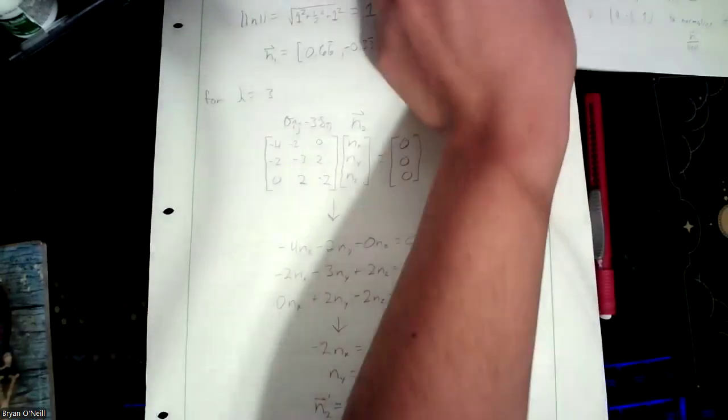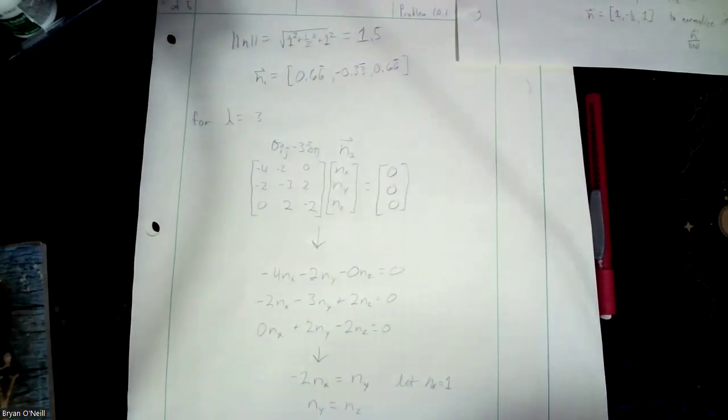I take the vector we just got, 1, negative 1 half, 1, and divide it by its magnitude, which happens to be 1.5. Dividing all those values by 1.5, you get 2/3, negative 1/3, and 2/3 again. And that is our first eigenvector.